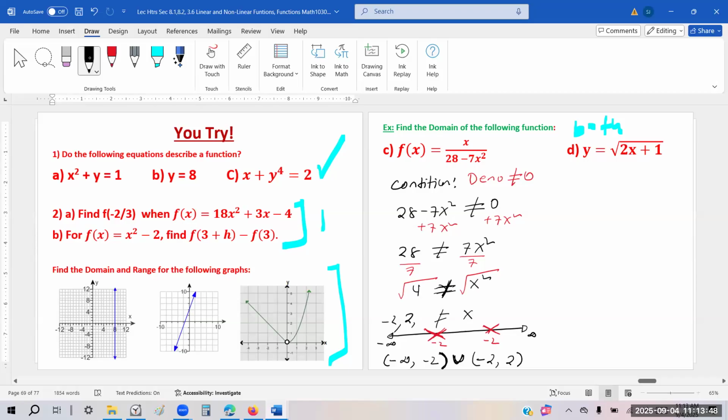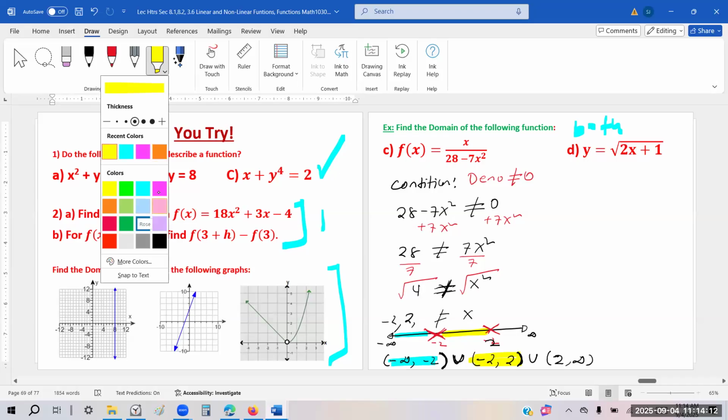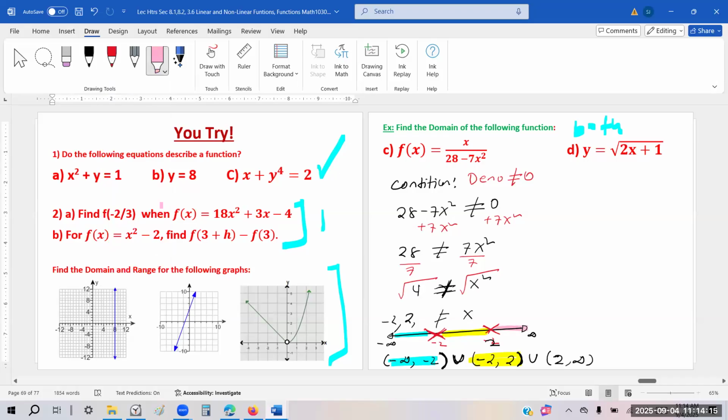Then negative 2 to positive 2 is this middle part. Lastly, 2 to infinity is this part. Basically, it means use everything from the number line, just don't use negative 2 and positive 2. It's 2 numbers.